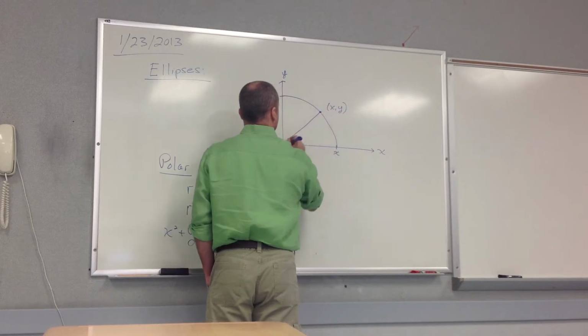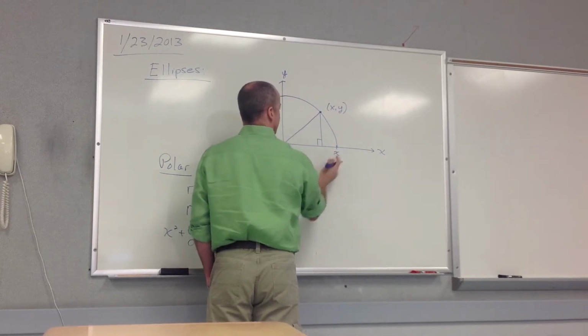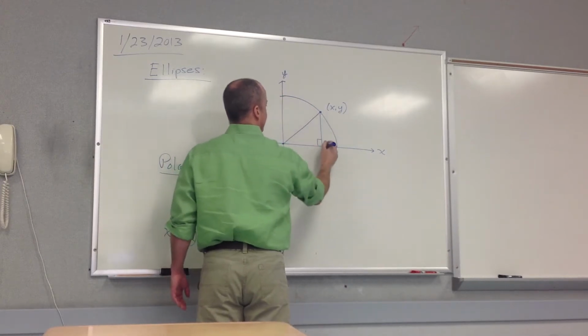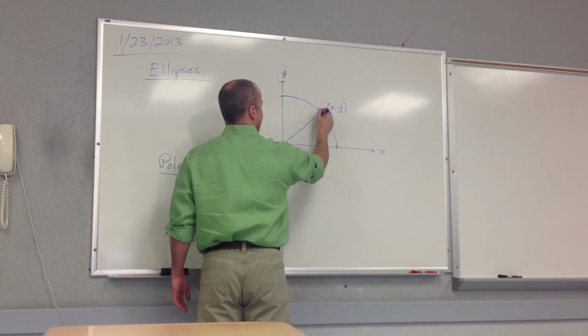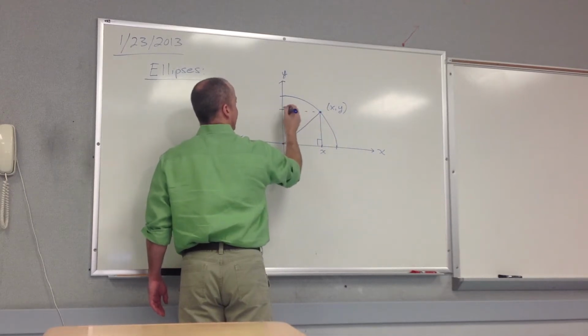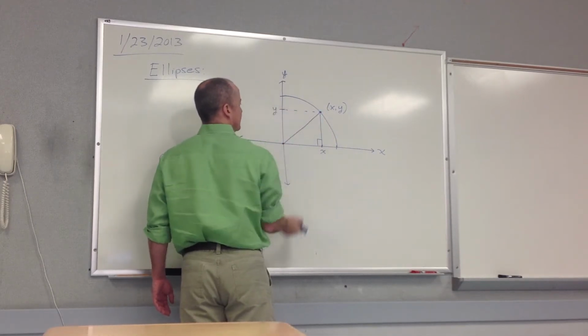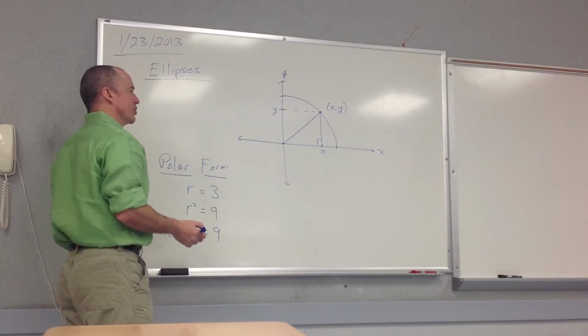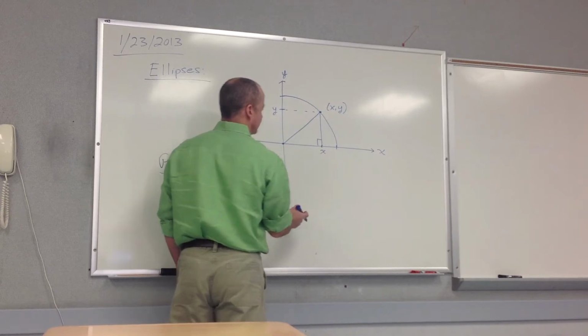You can also create a right triangle. We've done this a lot with the unit circle with polar coordinates. I'm sorry, that won't be that y. Put that in the wrong place. This distance will be some specific x, and this height will be some specific y. First rule of triangles that you guys learned about. Probably second rule.